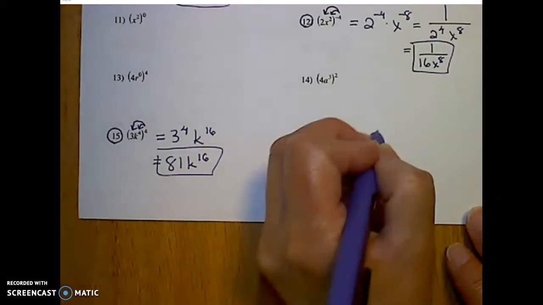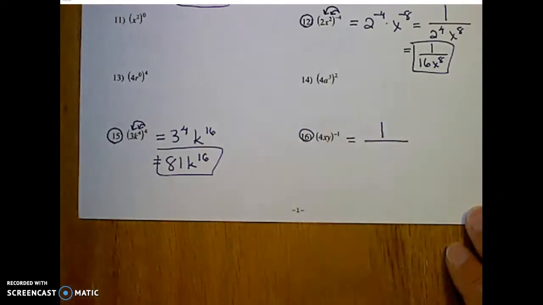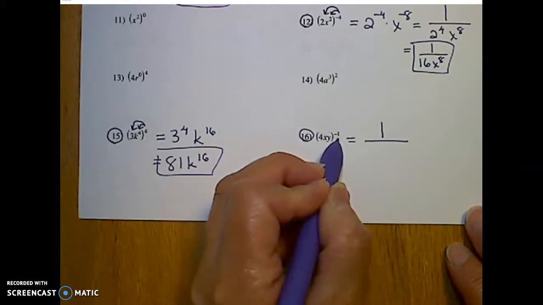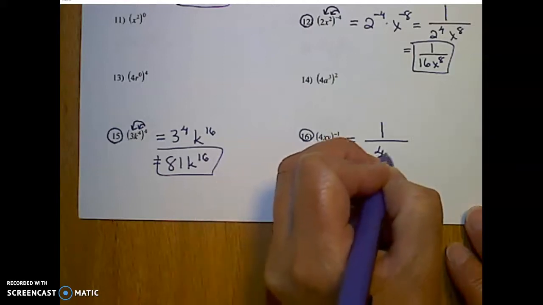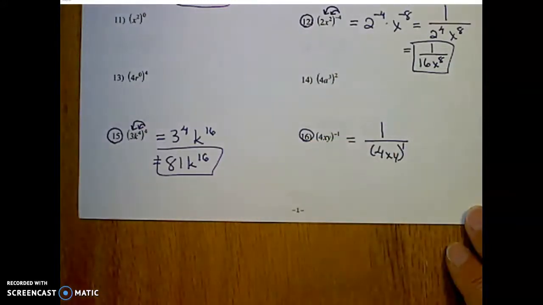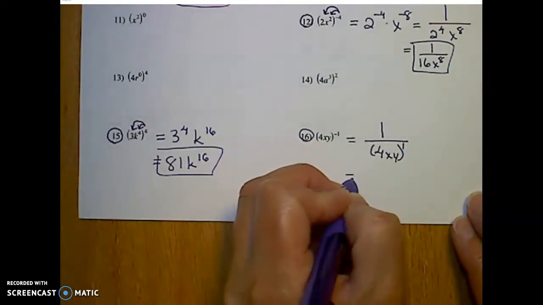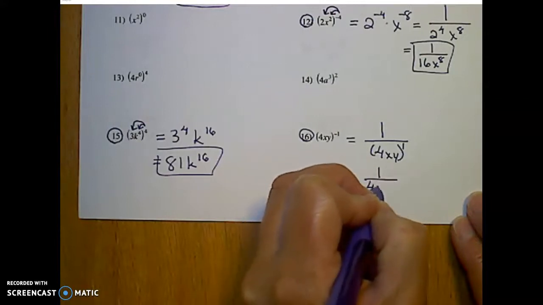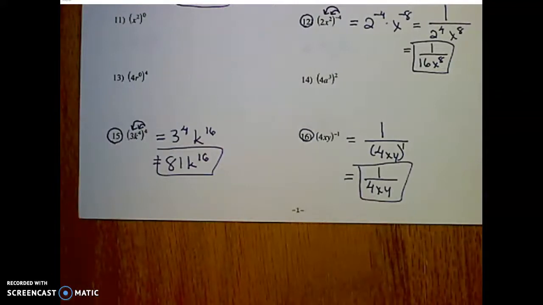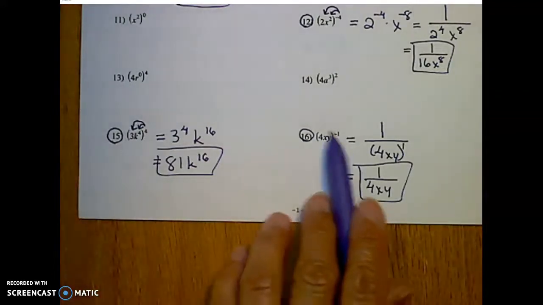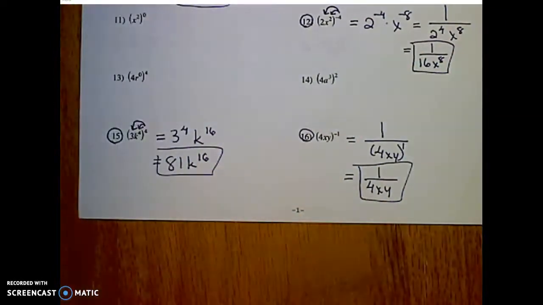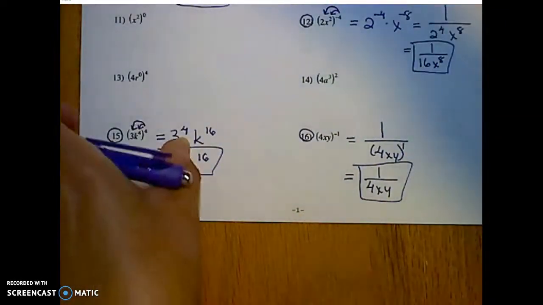That whole quantity is to the negative 1 power, so if I move it down, that's 4xy to a nice positive first power, which doesn't change it at all, and that's just 1 over 4xy. But certainly on a bunch of these we have choices of what we do first. You could have raised everything inside to the negative 1 power, but then you'll move everything down. So it's really a matter of preference.